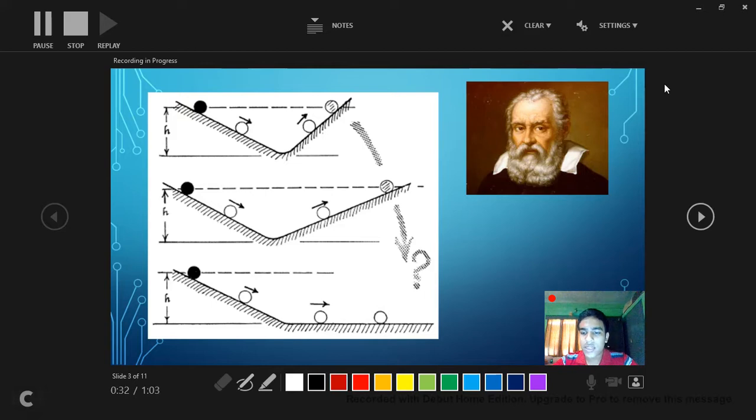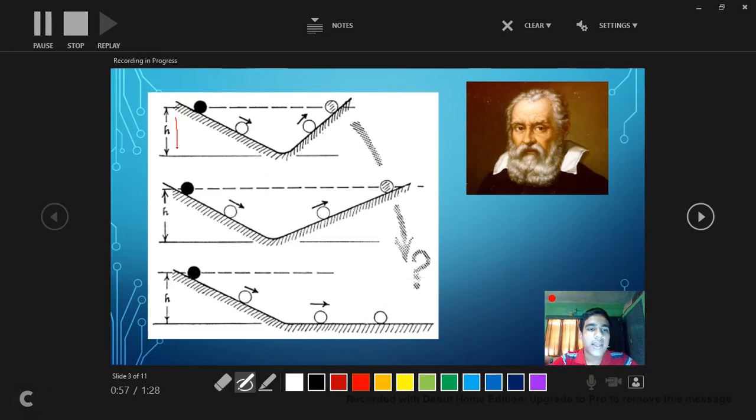Based on Galileo Galilei's experiment with a ball and an inclined plane, Newton made the first law of motion. He studied this experiment and then made the law.